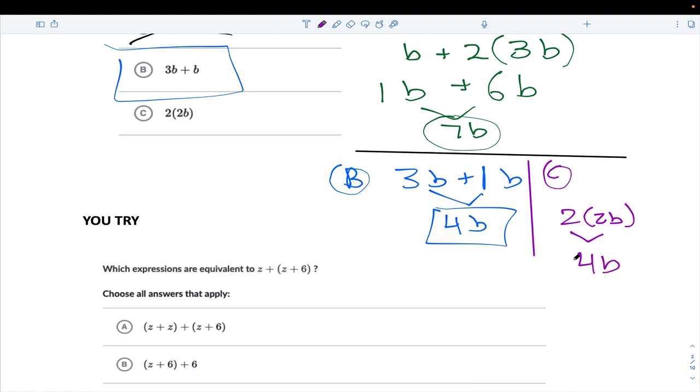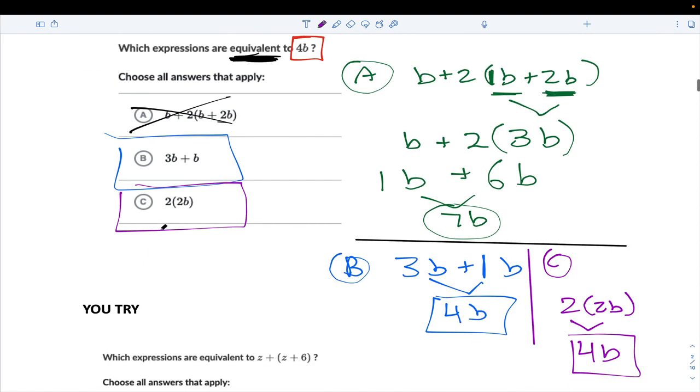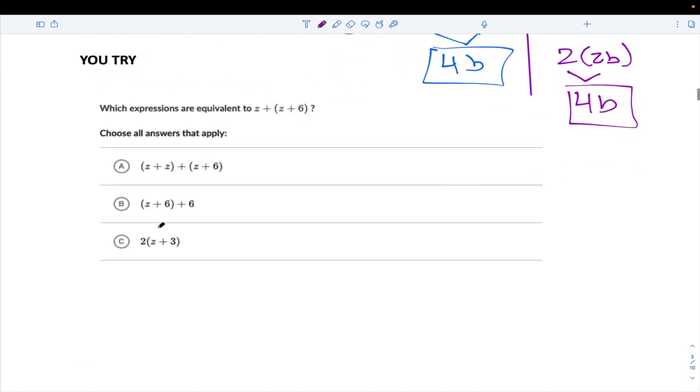Is that equivalent to the answer that they wanted us to look for? Yes. It is. So that's also an answer. Your answer for this would be B and C. There are 2 answers, so you have to circle both to get it right. If you just circle one of them, unfortunately, it is entirely wrong. You would get partial points for having partially correct, but it's not the whole correct answer.